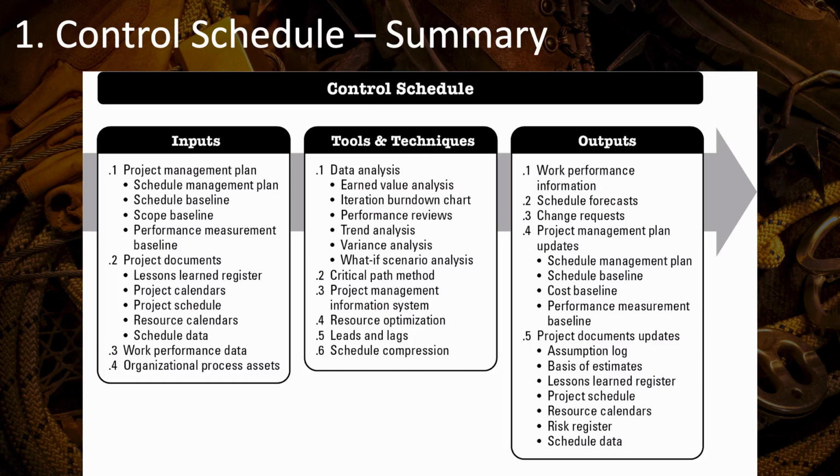The inputs, well, since work performance information is an output, work performance data must be an input, and this comes to you from the direct and manage project work, which is part of integration management. You'll also draw upon all sorts of other documents and components of the project management plan.